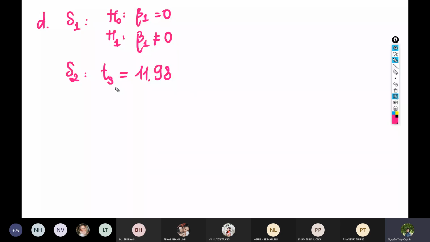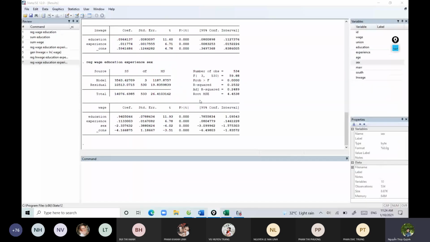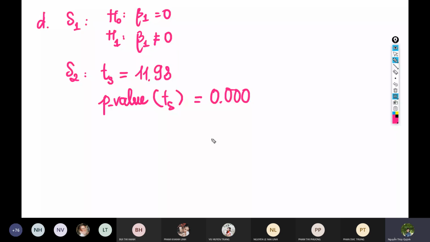Now we have the p-value of the observed value of t. What is it? 0.000. Yeah, 0.000, which is very small. Okay, so step 3, we want to compare the p-value with the level of significance.